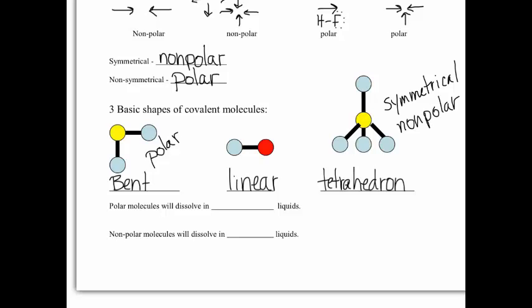For the bent molecule and the tetrahedron, you can always say the polarity of the molecule, whereas with a linear molecule, it depends on if it's between two atoms of the same element. If it's two atoms of the same, like this one, that would be nonpolar. But if it's two different elements, like H and F, then it would be polar.